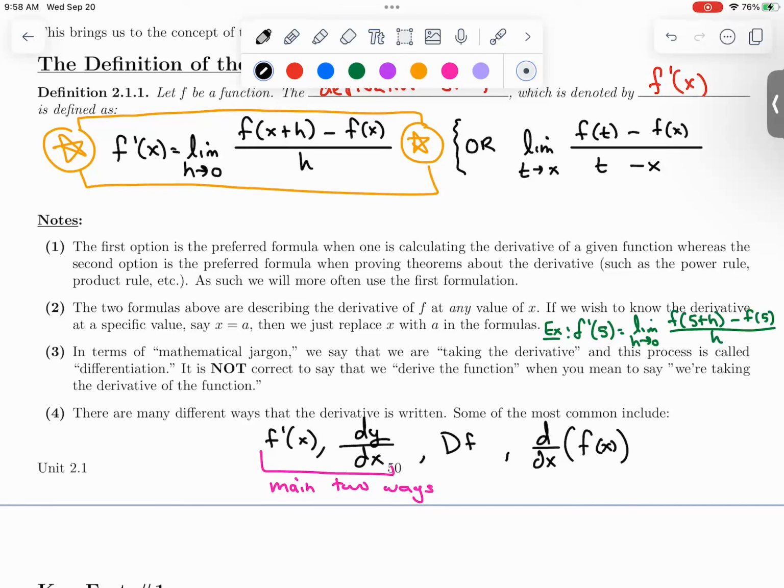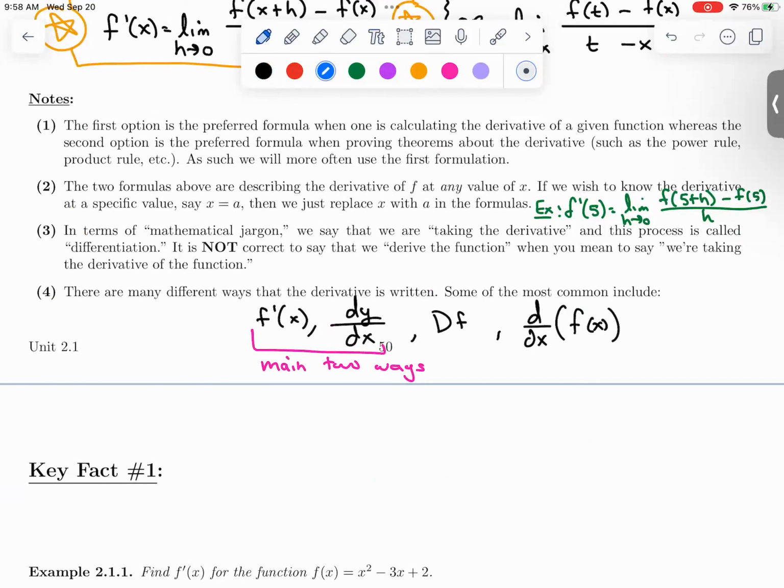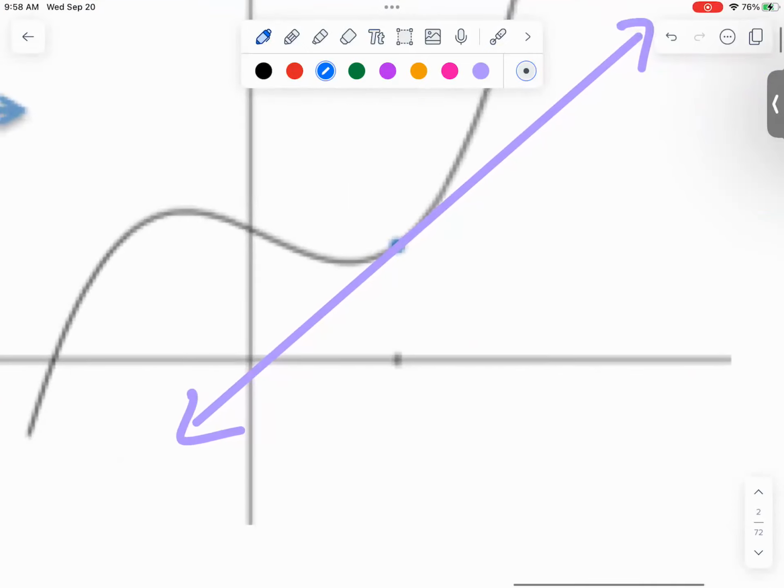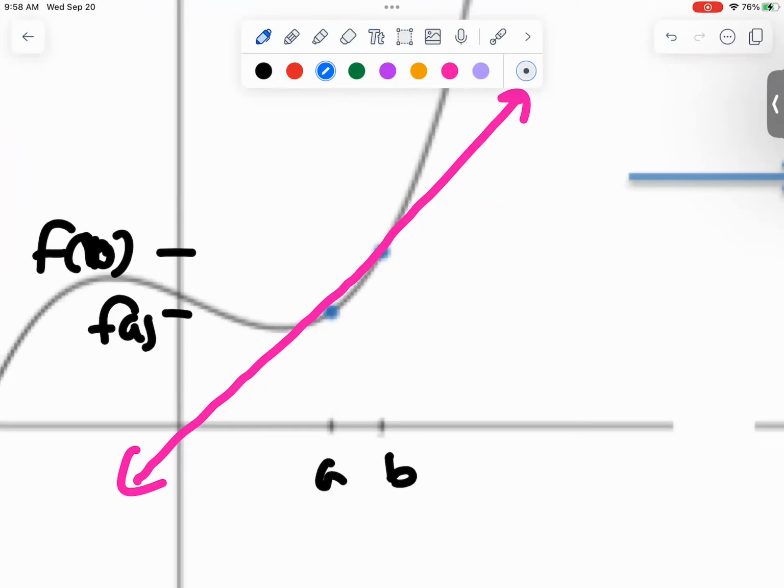Just as a little bit of an important note, have you guys seen this notation before, delta x? If you haven't, delta x is meant to mean a change in x. Delta y would be a change in y. And so what Leibniz discovered, and this is what you'll see in this picture here, is that over here we're talking about delta x, a small change in x, and then delta y would be that small change in y.